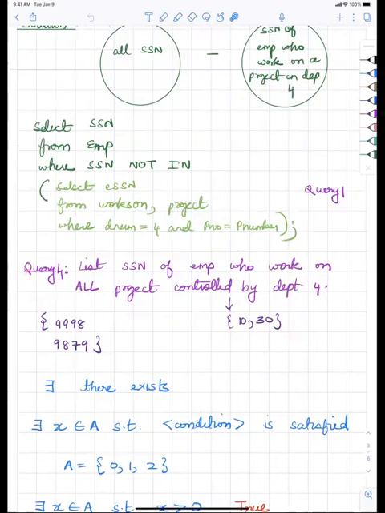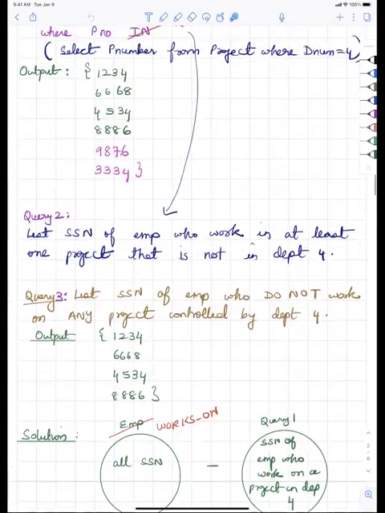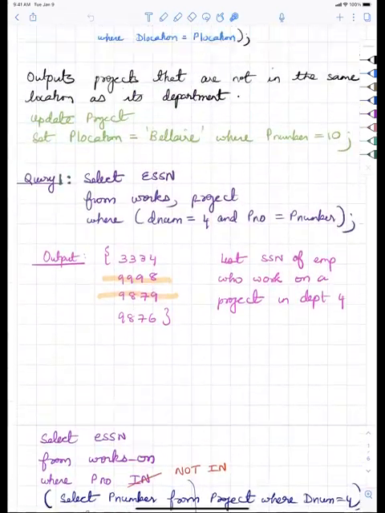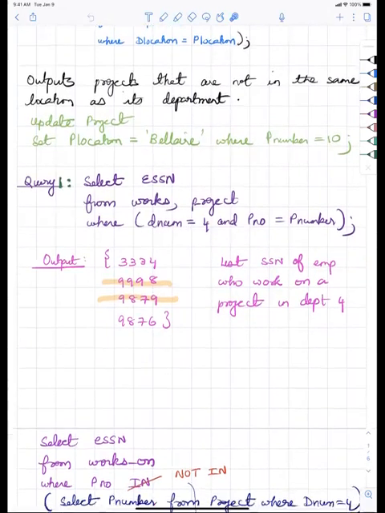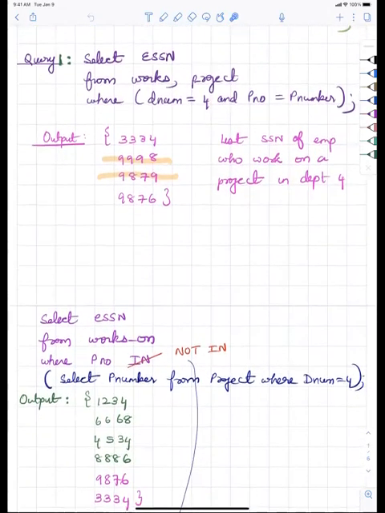This was the query where I motivated the exists, and I said it's a lot simpler to do it with the exists and not exists operators. So I want to come back to this now, and I'm going to start with query number 1, which we had done using the in operator.